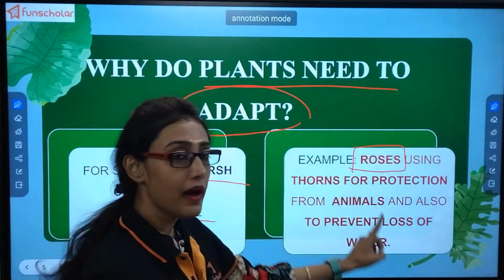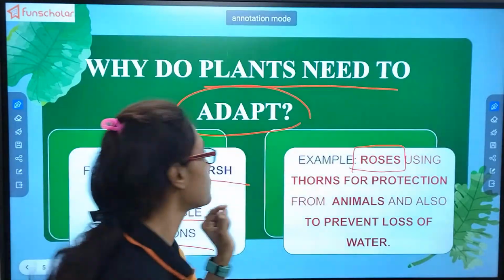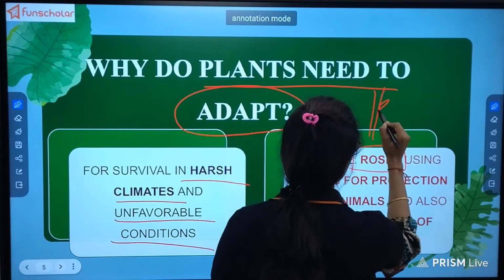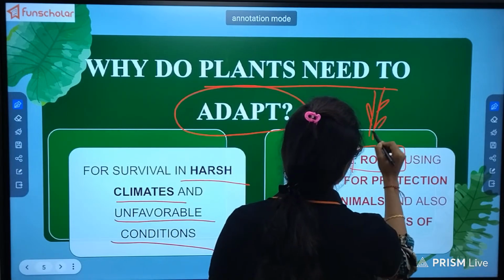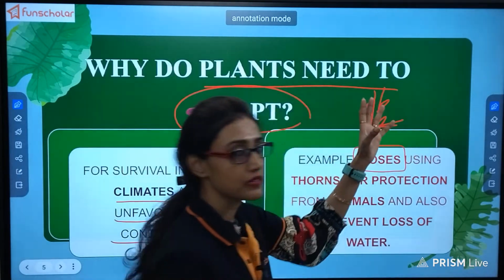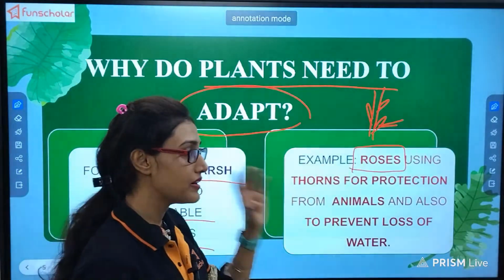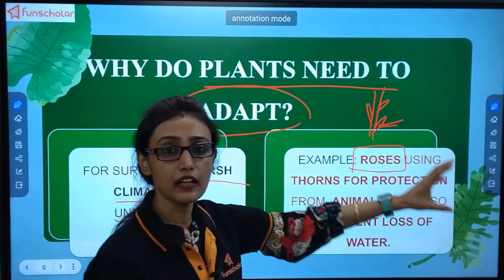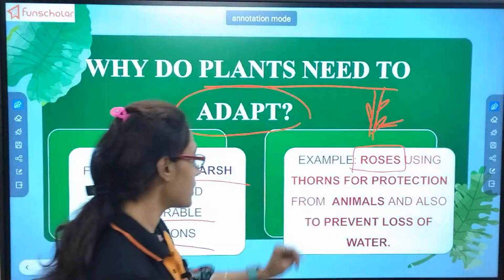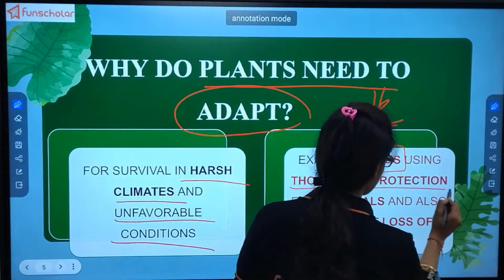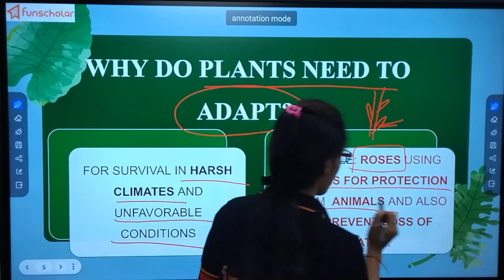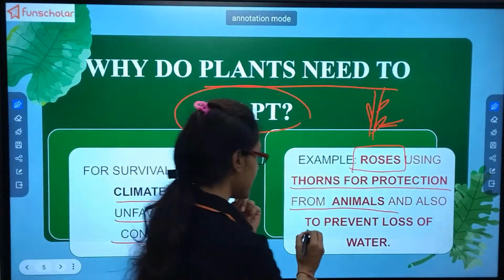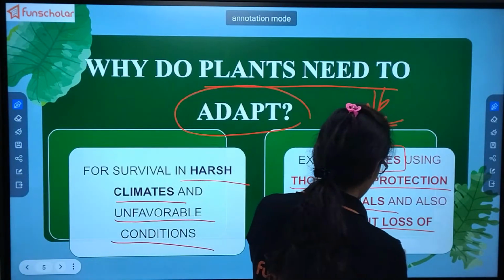But have you ever seen that rose plants have thorns on the stem, right? Have you thought why? You will never find any animal going and eating the rose plant because they have thorns for their protection from animals, and these thorns help to prevent the loss of water.